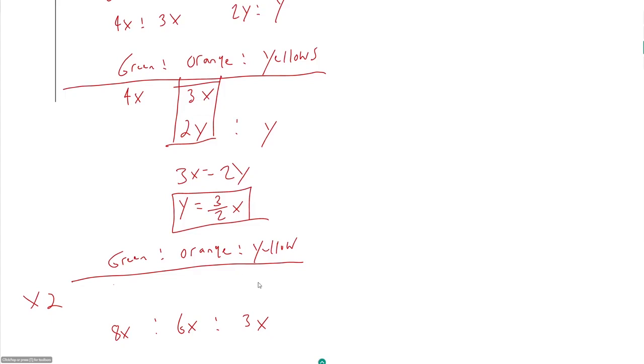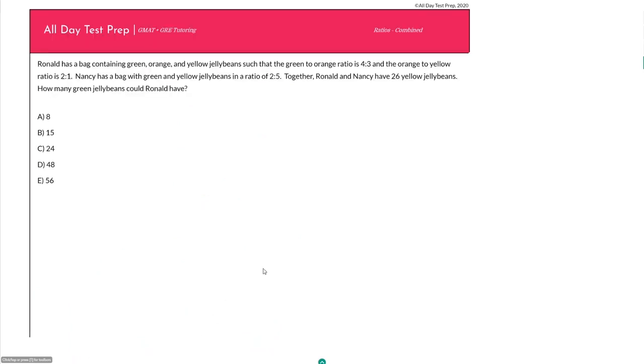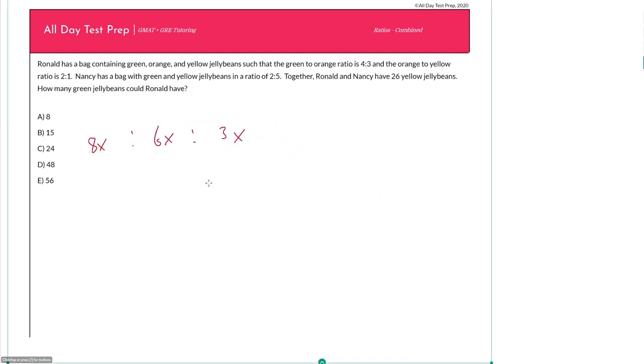So what I might do now is finish setting this up, put this onto a page. This is Ronald's bag. Sorry, it's green to orange to yellow.